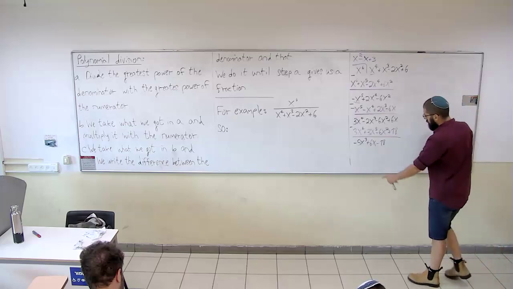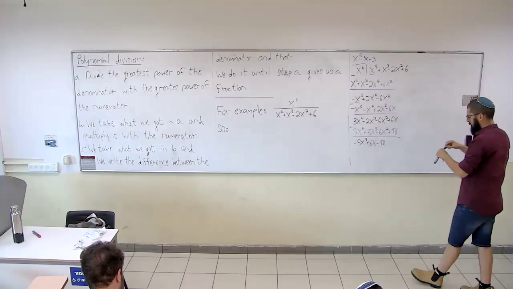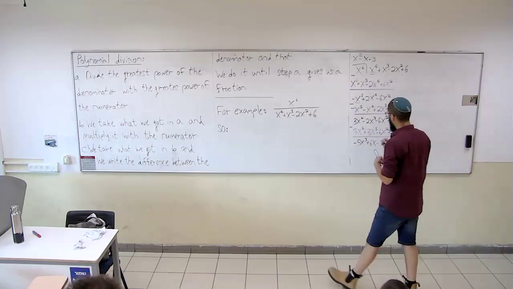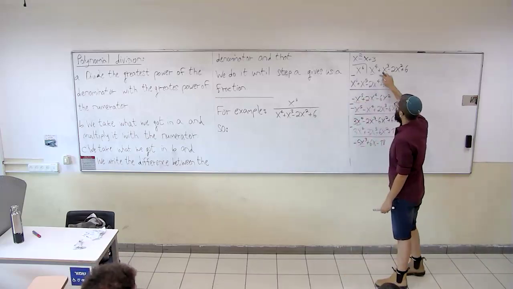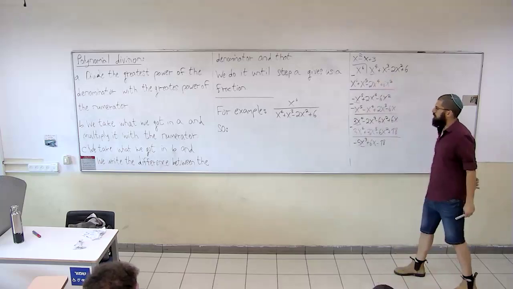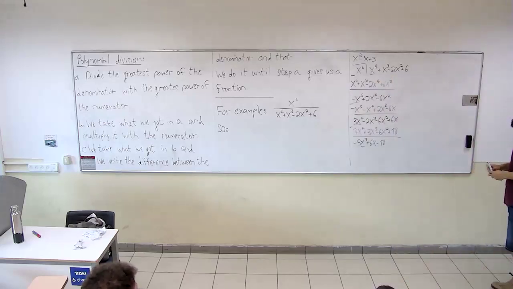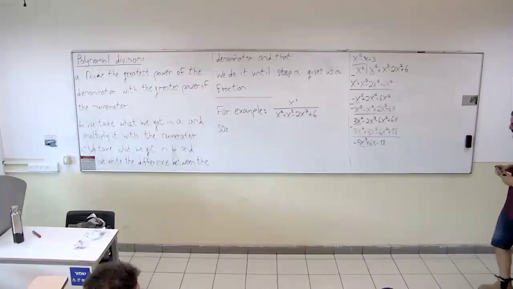Now x to the power of 3 is not divisible anymore by x to the power of 4; when you divide, you get a fraction, 5 above x. So we're done here.